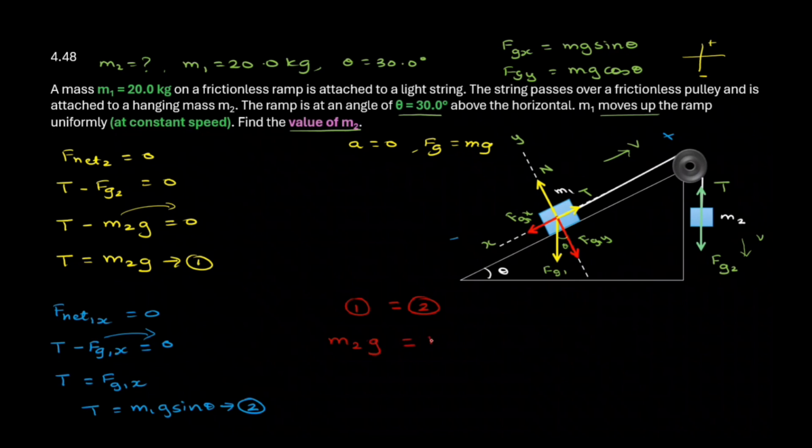For equation 2 it is m1g sine theta. I want to find what is m2. So we can cancel off the g here. That gives me m2 equals m1 sine theta. M1 is 20 kilograms, so let's substitute 20 times sine of the angle 30. That gives me M2 equal to 10 kilograms.